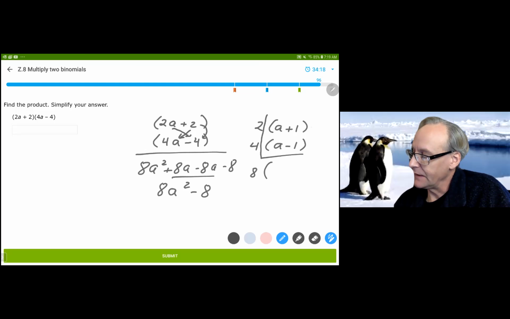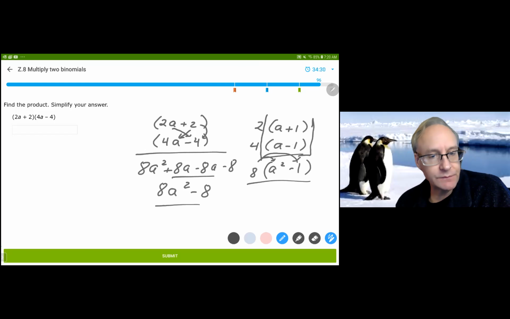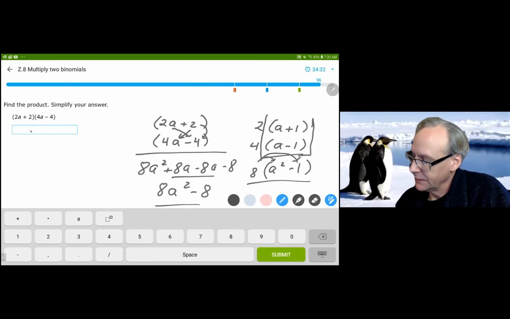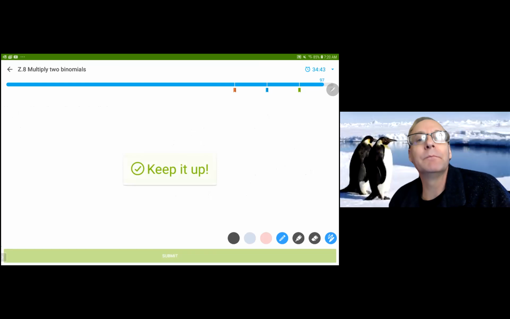And if I multiply these two, I get a squared plus a minus a is 0 minus 1. And distributing gives me my 8. I just want you to see some patterns and some things that are happening here, because we're going to need to do those soon. Want to recognize those when we see them.